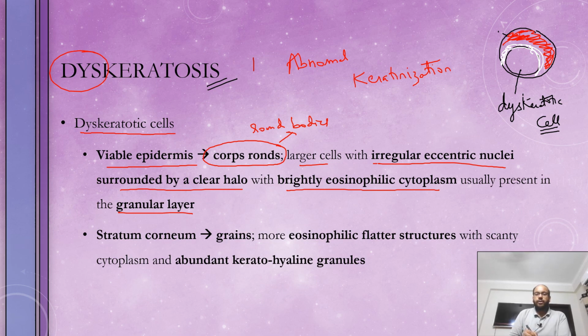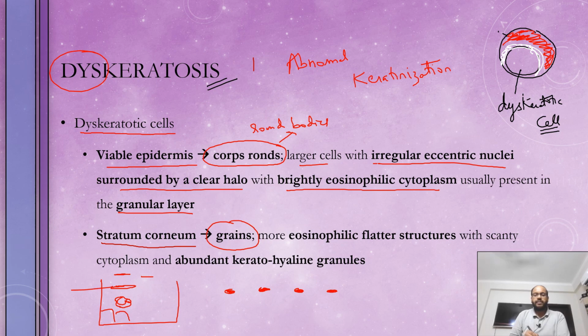If the same dyskeratotic cells are found in stratum corneum, they're known as grains, because now they're smaller and flatter. So if this is the cut section, you have the basal layer, the spinous layer, the granular layer, and then a flattened corneocyte.